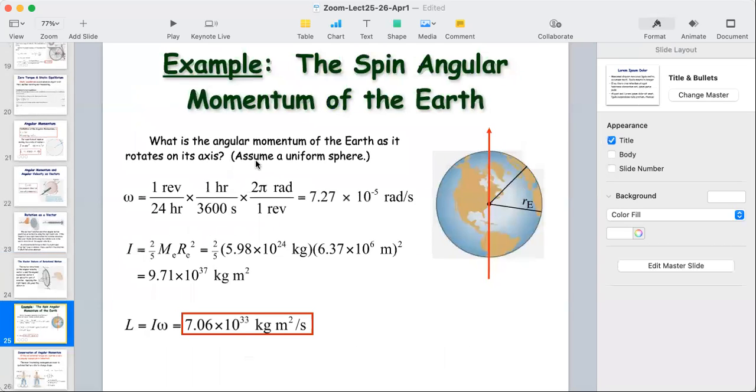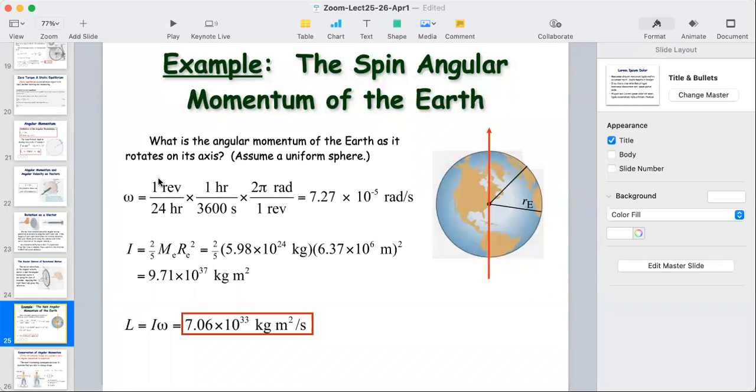I don't know if we have some time, but let's see. The spin angular momentum of the Earth. What is the angular momentum of our planet as it rotates along this axis? Omega is 1 revolution every 24 hours, but to bring it to seconds, in 1 hour we have 3,600 seconds, and 2 pi radians means 1 revolution. Like this, we get omega as 7.27 times 10 to the minus 5 radians per second.